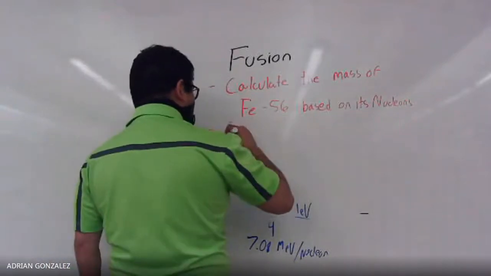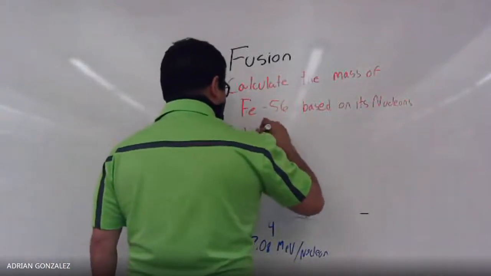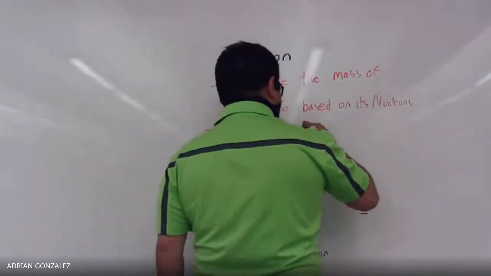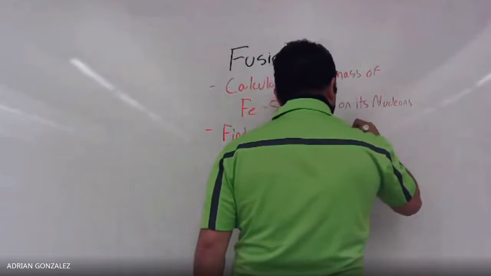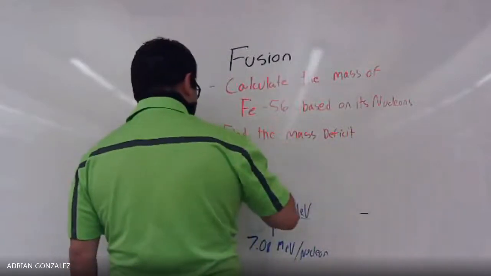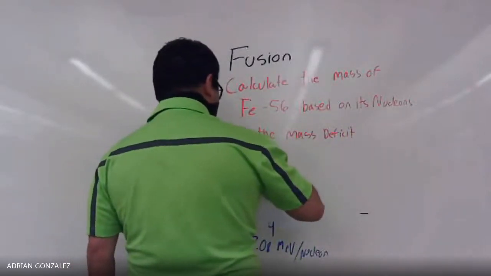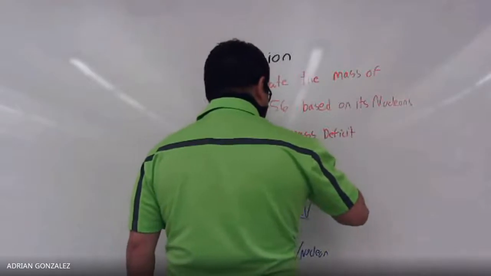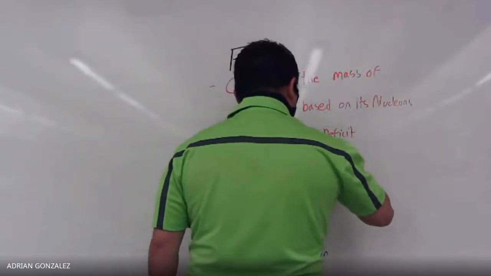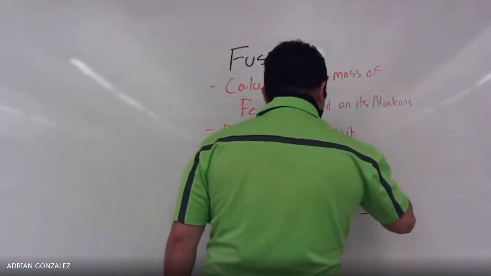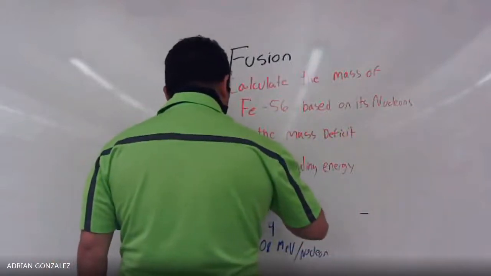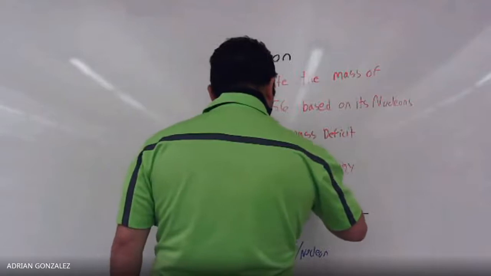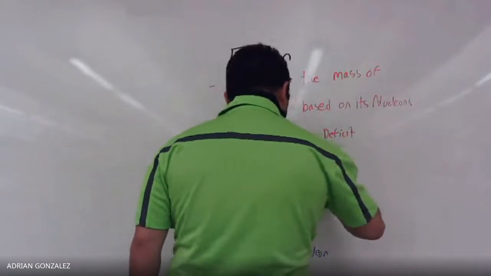Then I want you to find the mass deficit and find the binding energy and find the binding energy per nucleon.